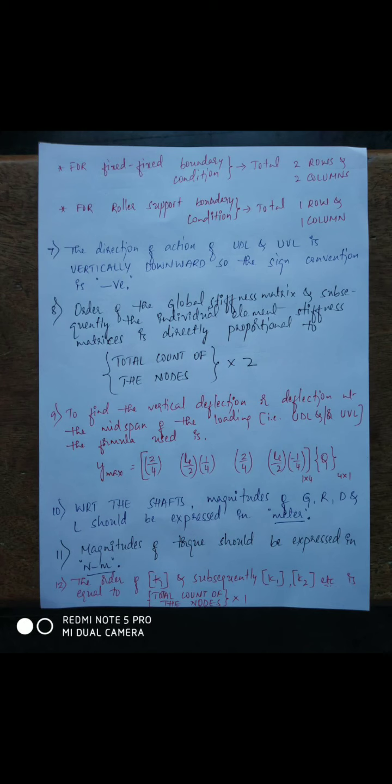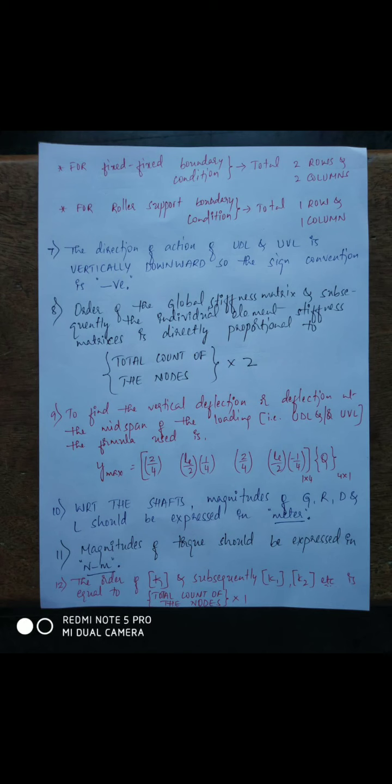In the next point, you students have to remember a formula to calculate maximum deflection or vertical deflection at the midpoint of the loading, in particular UDL and UVL. The formula goes like this: Y max is equal to first matrix. There are 4 numbers.